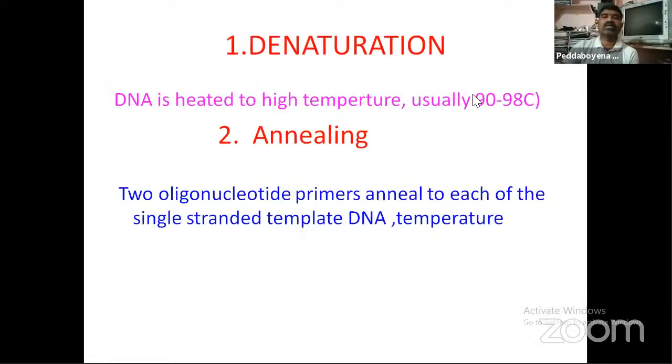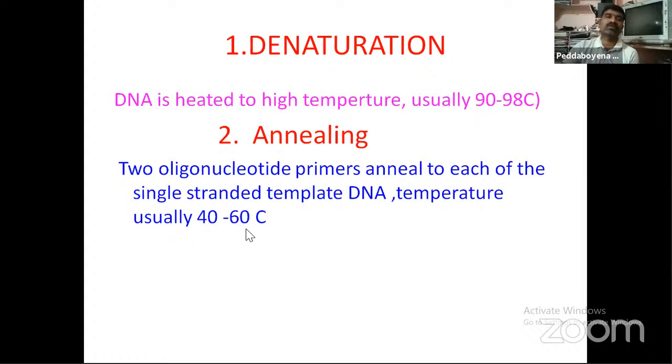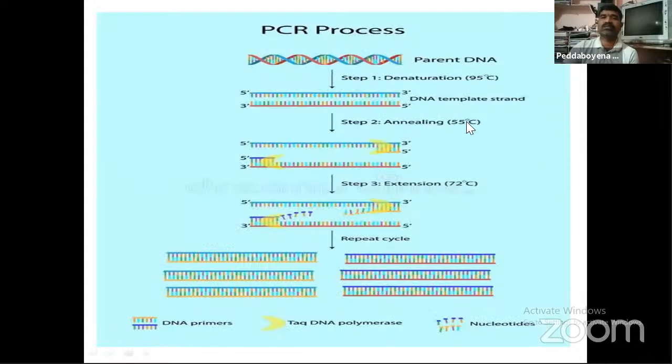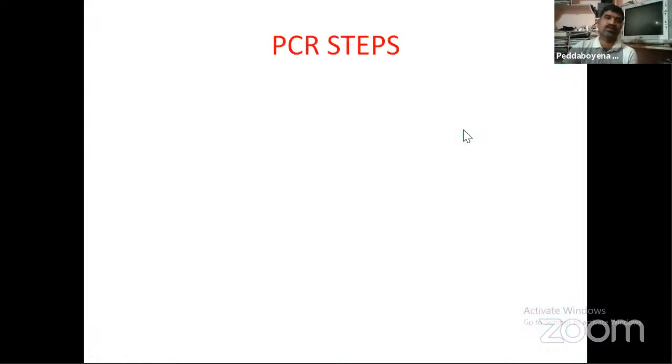So annealing is here 40 to 60 degrees centigrade, but exactly you remember 55. If 55 is not there in the remaining options, that time you take the other answer. Exactly, you can observe 55 degrees centigrade. Don't confuse.